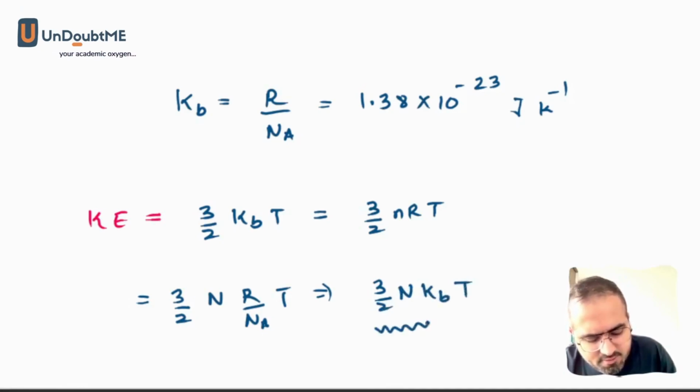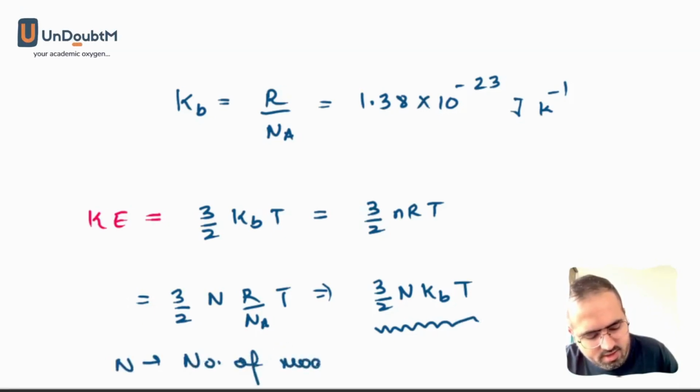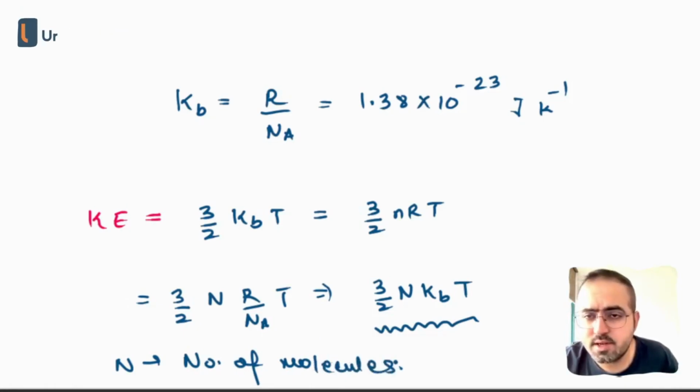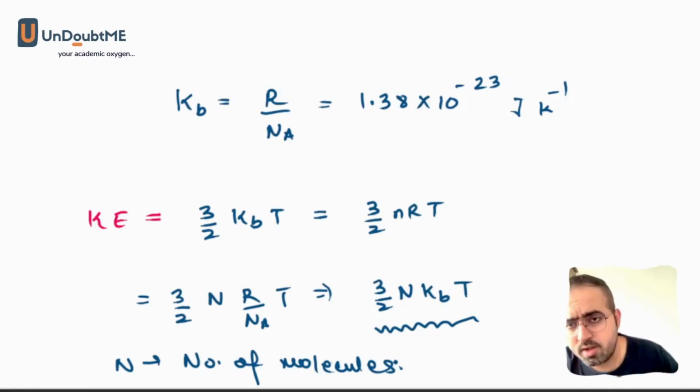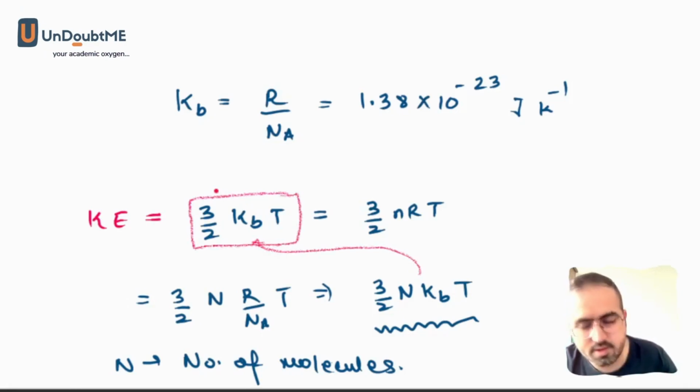So this is the average kinetic energy for N number of molecules. N is the number of molecules of the gas, which will mainly be given in the question, and if not, then we can consider the value of N as 1. When we consider N as 1, we get the quite famous formula. This is how we get the formula.